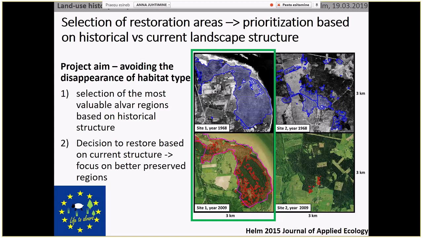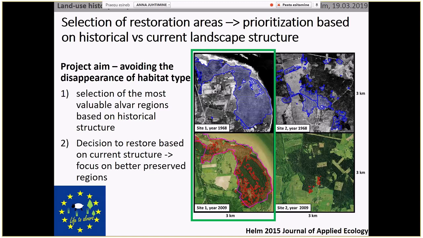So we really felt that we have to focus on avoiding the disappearance of this habitat type. So we selected first the regions that had high historical cover of alvars, regions that had a lot of this habitat historically already.